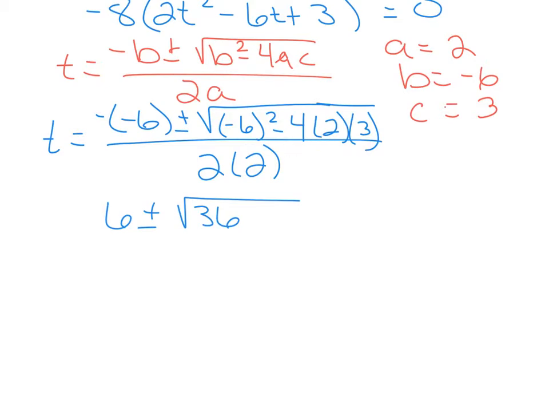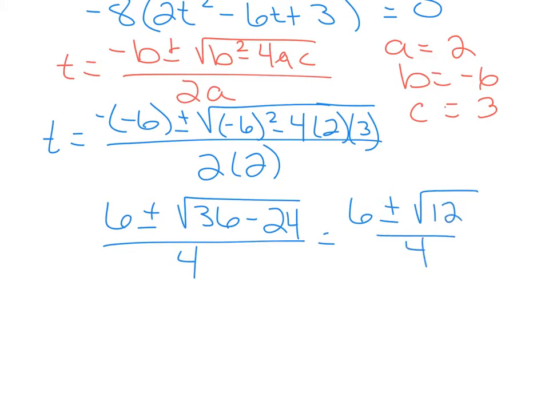Negative times positive makes negative. 4 times 2 times 3 is 24. Over 2 times 2 is 4. Continuing to simplify, 6 plus or minus the square root of 12 over 4.